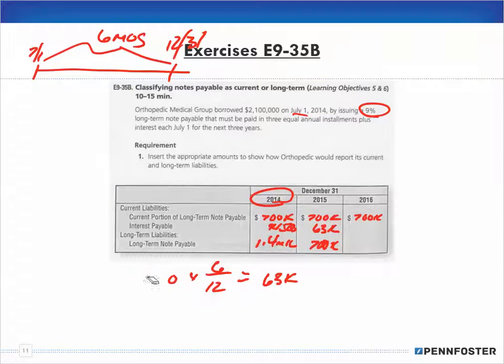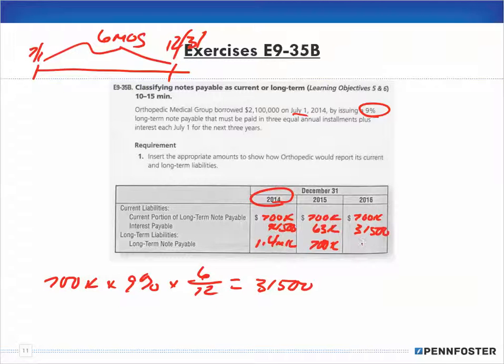Now we move over to 2016, and we still have the 700,000 as our current portion. Our interest payable is 700,000, because that's what we owe at the end of 2015, times 9% times the same 6 months, and that gives us an amount of $31,500.